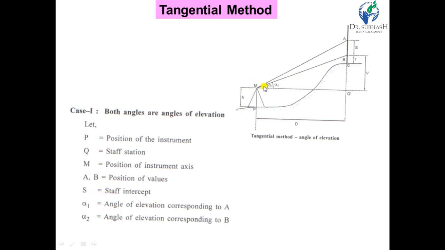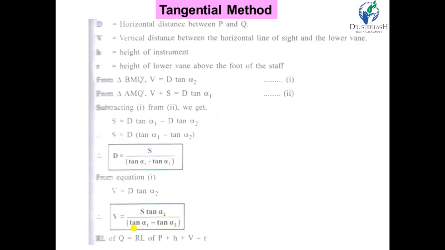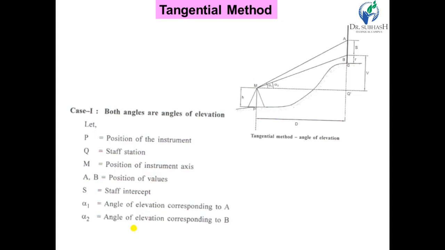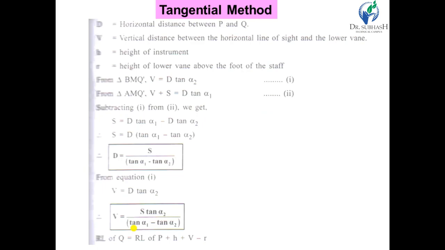Alpha 1 and alpha 2 are the angles of elevation corresponding to A and B. D is the horizontal distance between P and Q. V is the vertical distance between the horizontal line of sight and the lower vane. H is the height of the instrument.